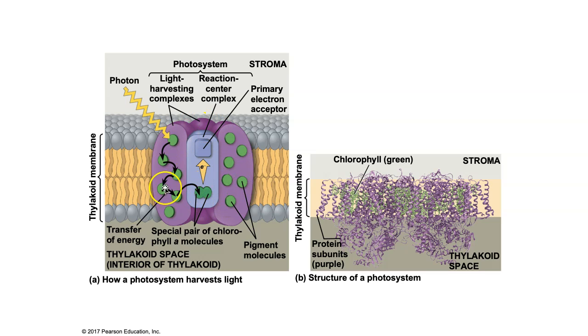So that's the light harvesting complex, and it makes sense, right? Because we're harvesting the light photons, that energy from the sun, to transfer to our photosynthetic molecules over here, the chlorophyll. You'll also notice that it is part of the thylakoid membrane here.